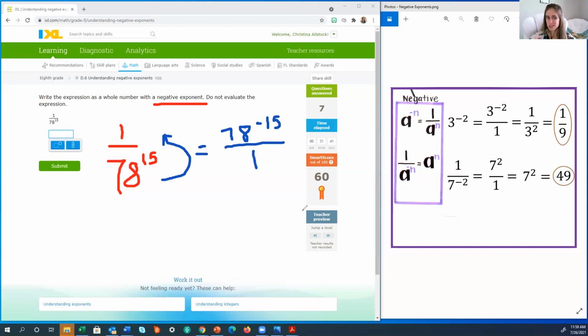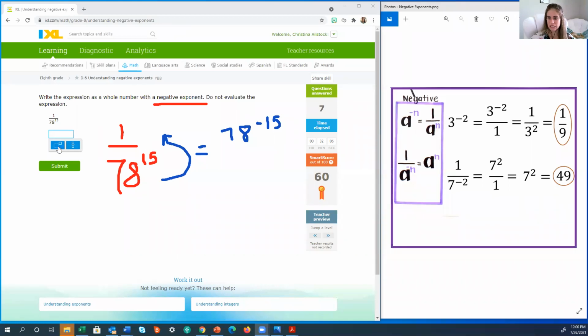All right, final question. Do I need to leave it as a fraction, or can I simplify it a little bit? Yeah, I can simplify it some, because when you divide something by 1, it doesn't change any, which means we don't really need to leave it as a fraction. We can just simply write it 78 to the negative 15th power.